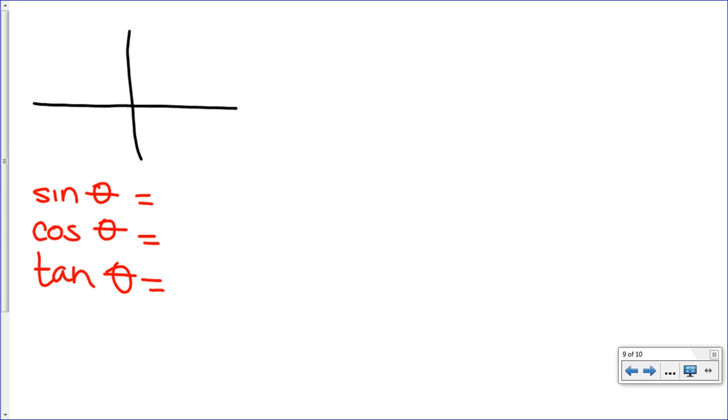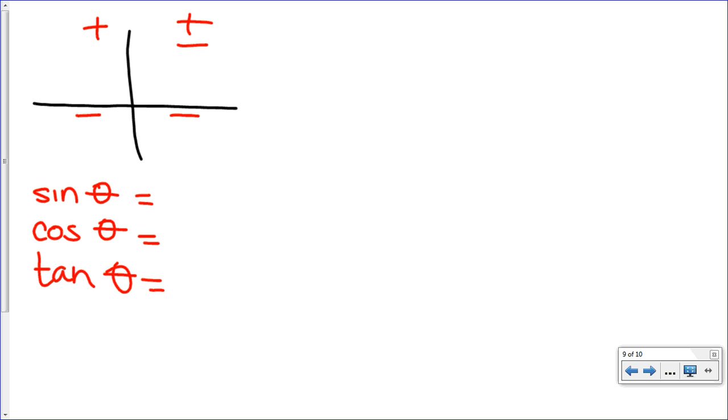Okay, so sine is related to the y-coordinate. So the y's are positive in which quadrants? 1 and 2. Okay, now the cosine is positive in which quadrants? 1 and 4. Oh, I'm sorry. Let's finish sine. So sine is positive in quadrants 1 and 2, negative in quadrants 3 and 4.